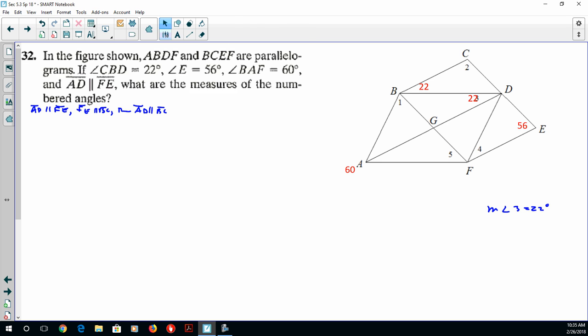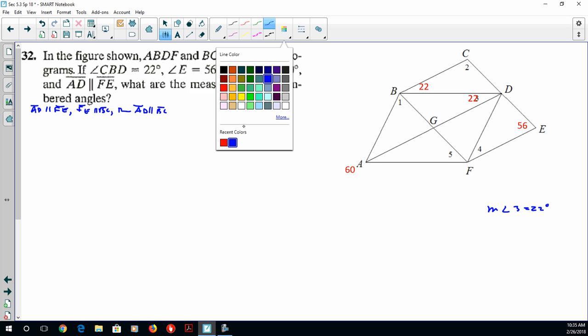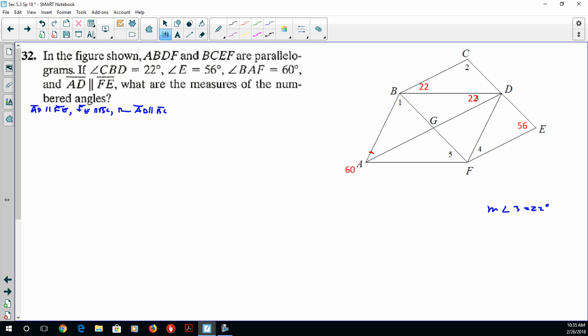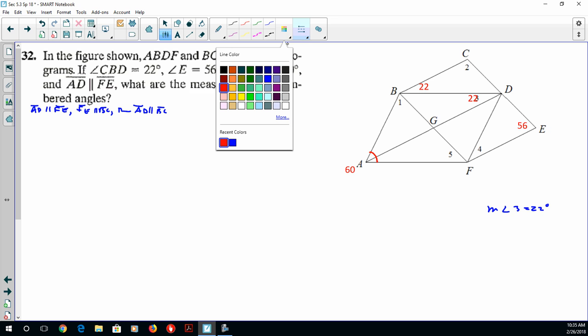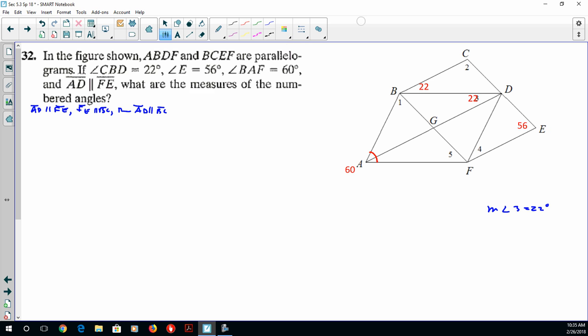Well, where do we go? What about angle 2? I have two parallelograms, BC, two parallel lines, BC and EF, and CE is a transversal coming on them. So the measure of angle 2 plus 56 degrees is going to be 180 because they're interior angles on the same side of the transversal.